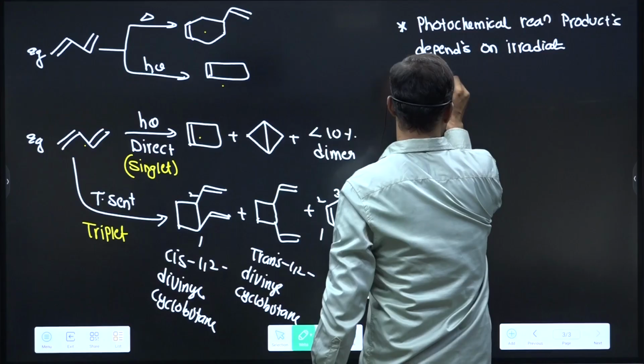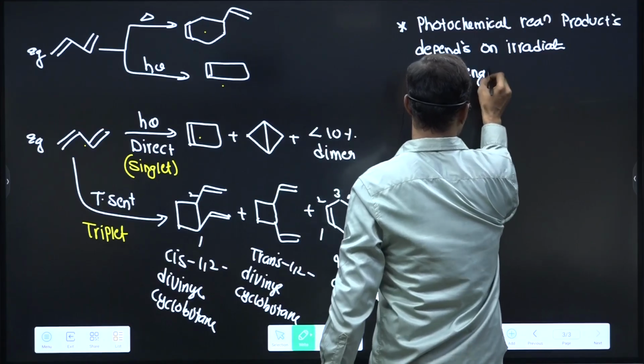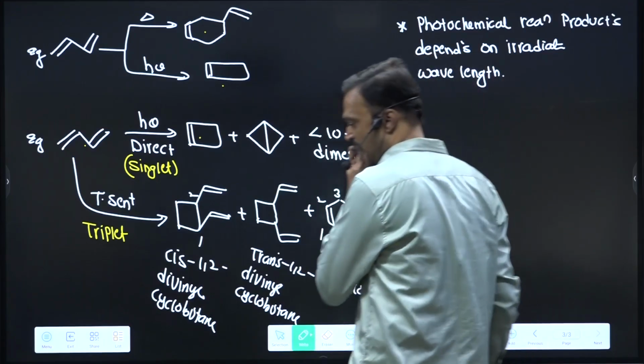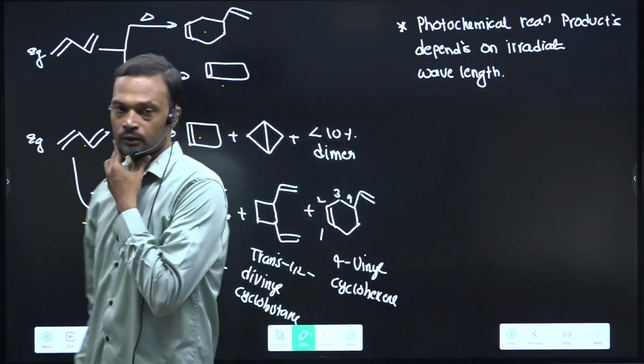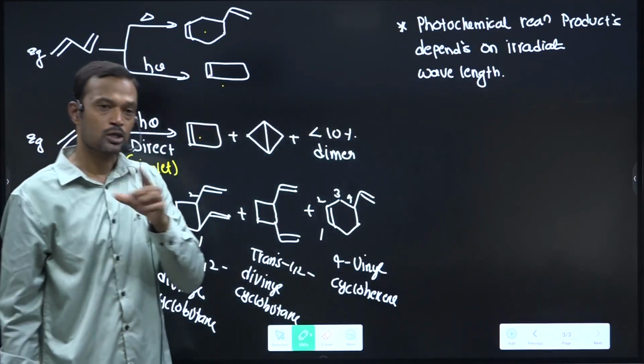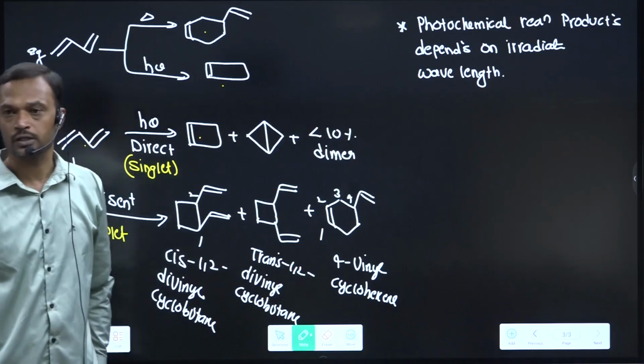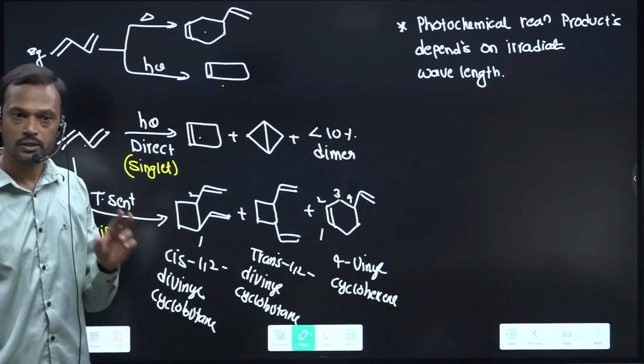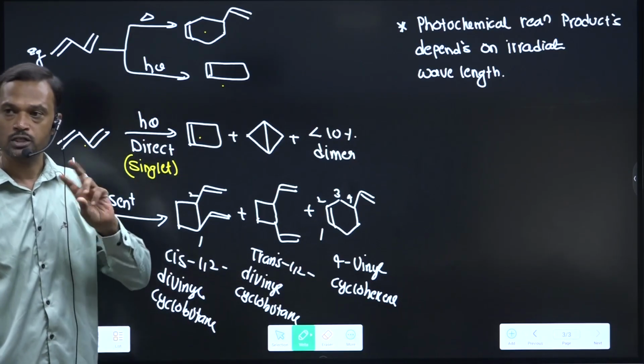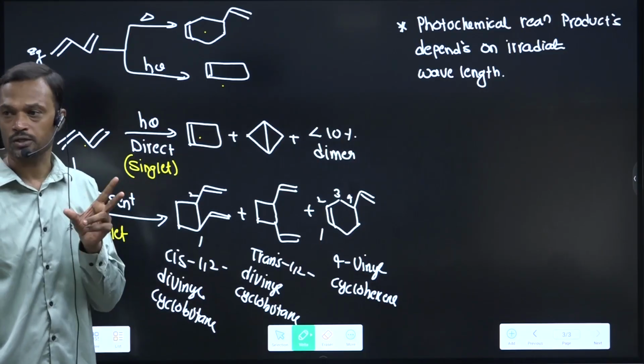It always depends on the irradiated wavelength. So based on the irradiated wavelength, your answer changes. That is the question. Always you will not get the same answer. If you change the wavelength, your answer changes.